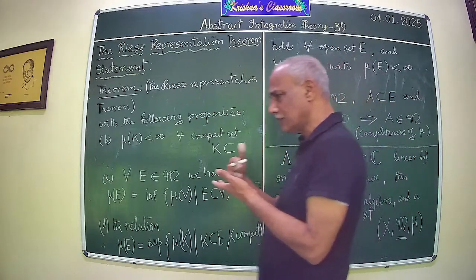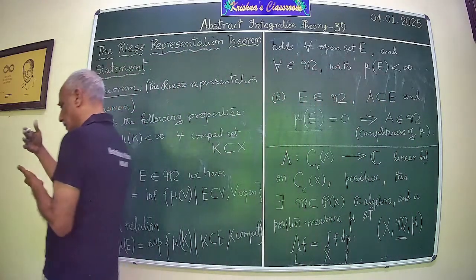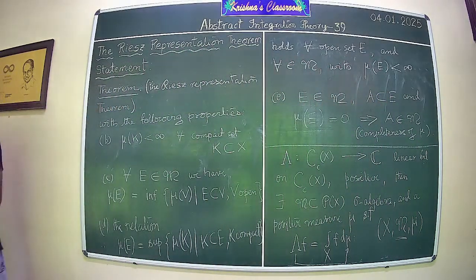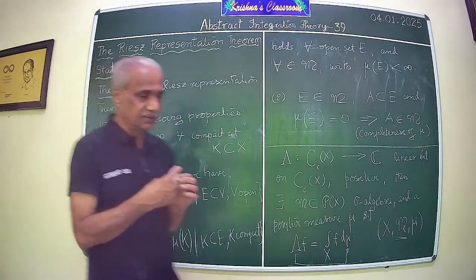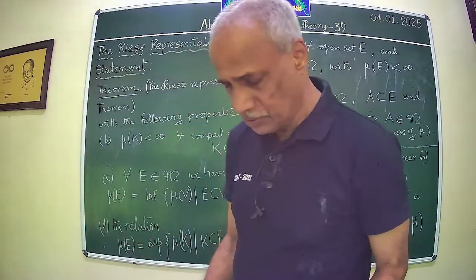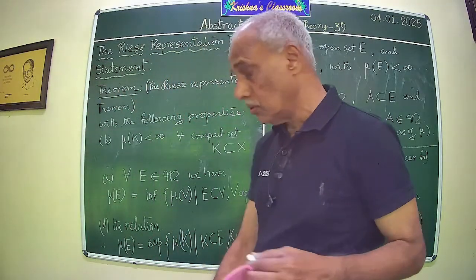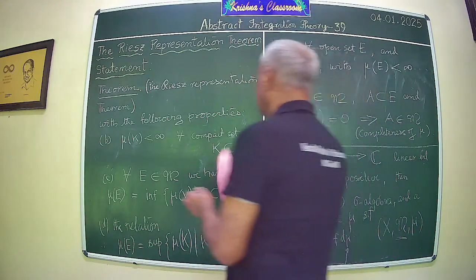Okay, so this is the sort of thing that brings a synergy between the topological structure and the measure structure. So you see, you have two things here. Let me just point out this.